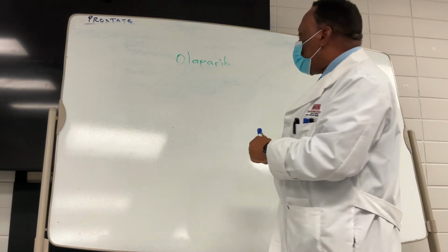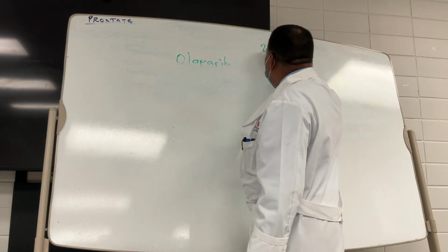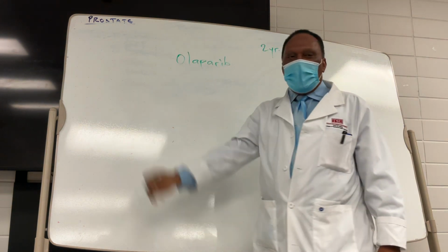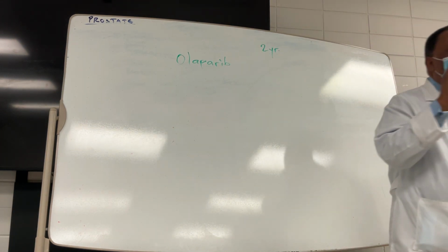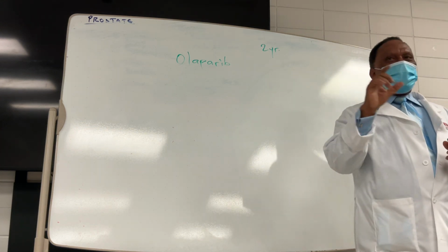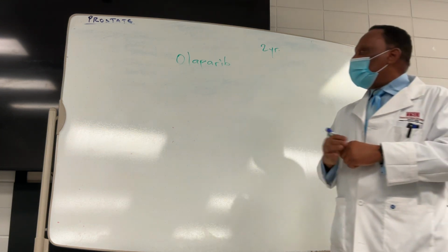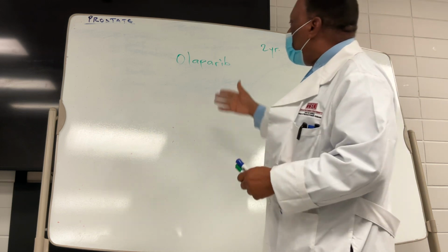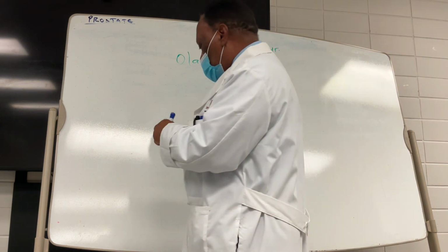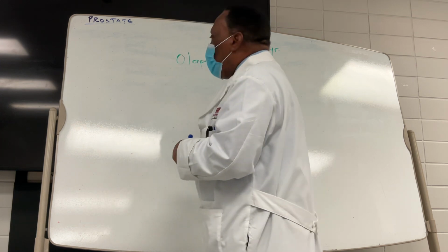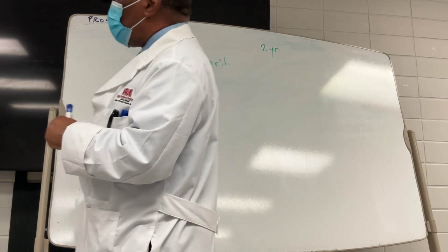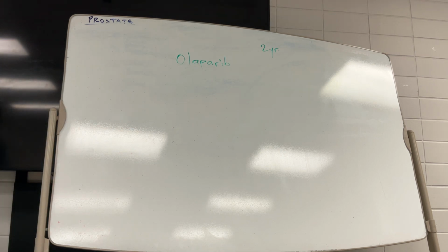And anytime you use a PARP, you have a time limitation. It's always used for just 2 years, no more than 2 years when you use the PARP. So you can use olaparib, and we've listed a lot of your PARP inhibitors before.